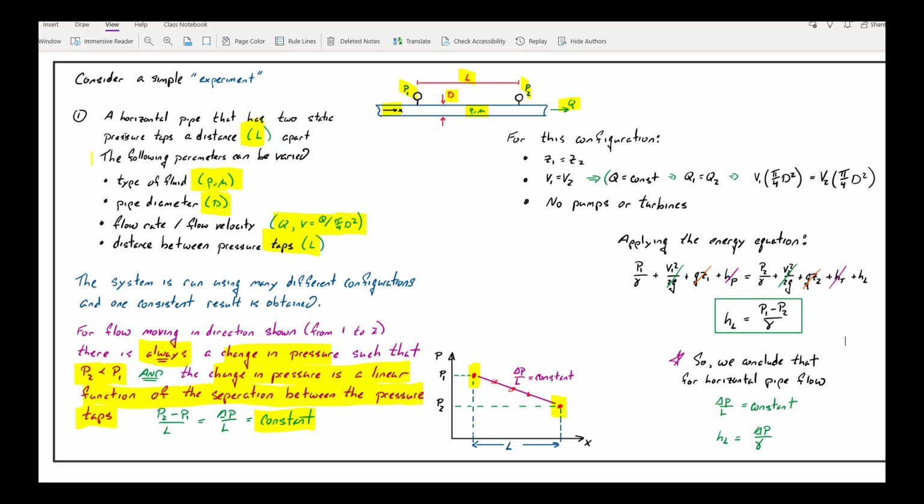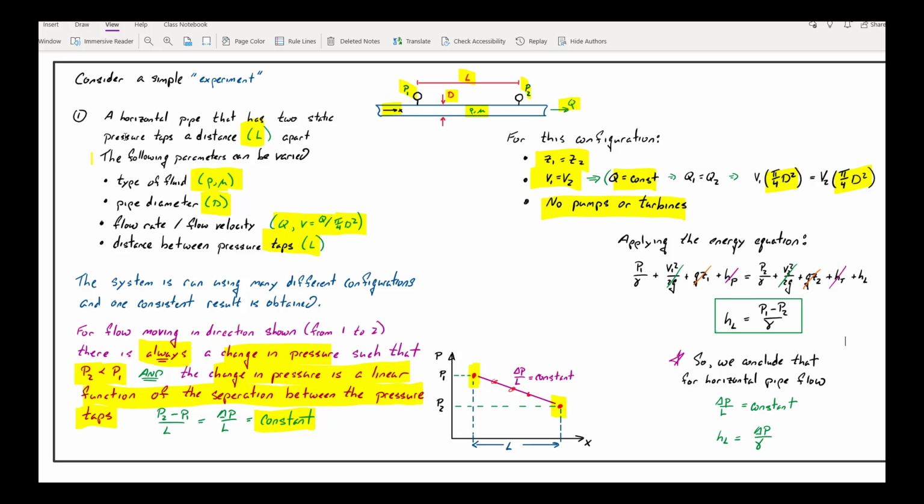If we look at this configuration, it's horizontal, so Z1 equals Z2. Since the diameter doesn't change, we get that V1 equals V2 because the flow rate is constant. If the diameters are the same, flow rate is V times area, so V1 equals V2. There are no pumps or turbines.